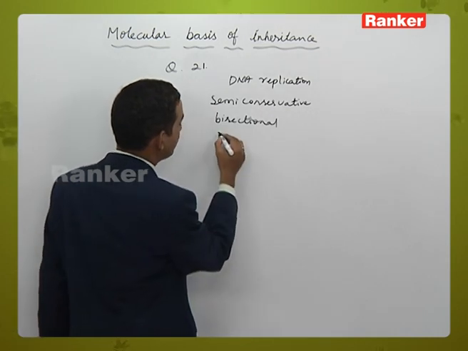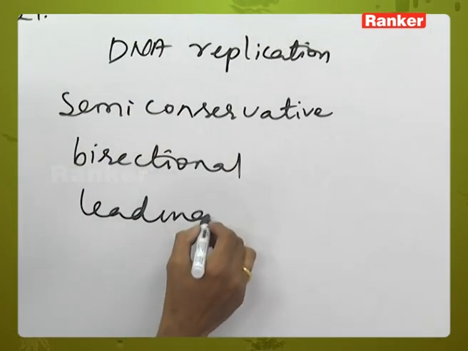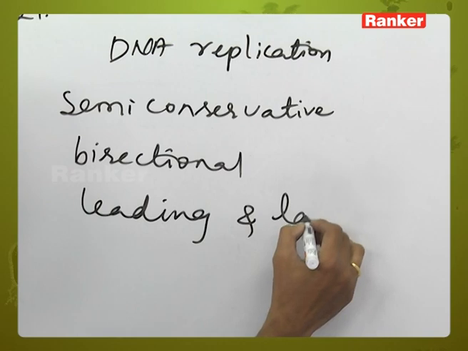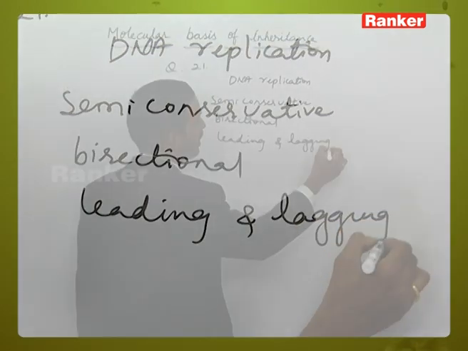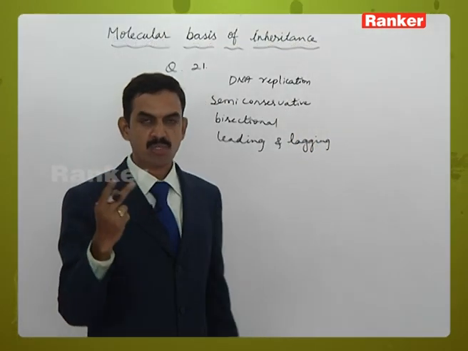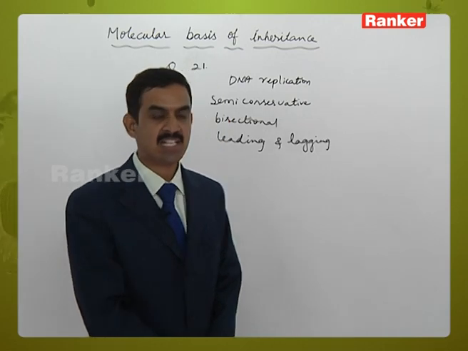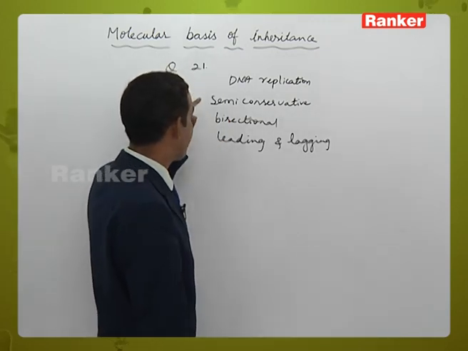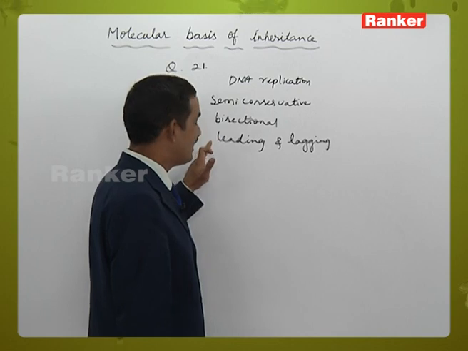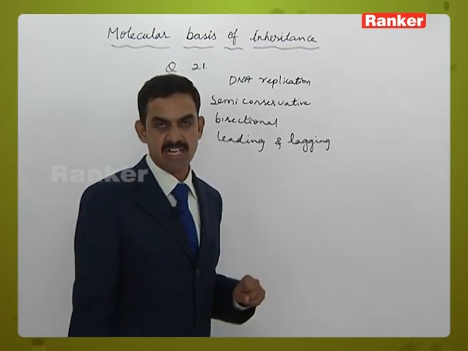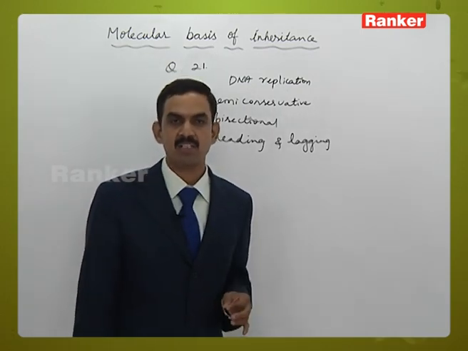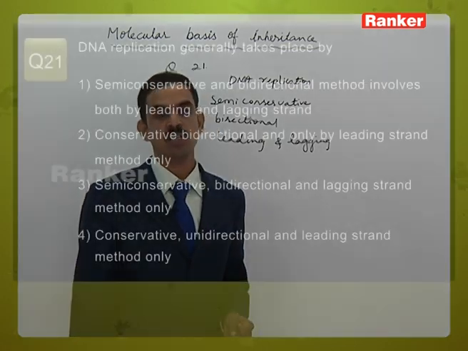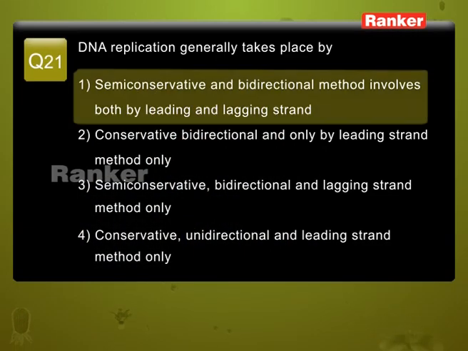So both leading strand method and lagging strand method are present here. As both the strands are present, all four characters, that is semi-conservative, bidirectional, leading strand method and lagging strand, are correct related to the DNA replication process. So, question number 21, the correct answer is 1.